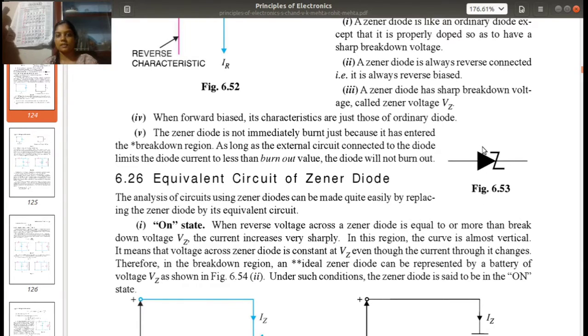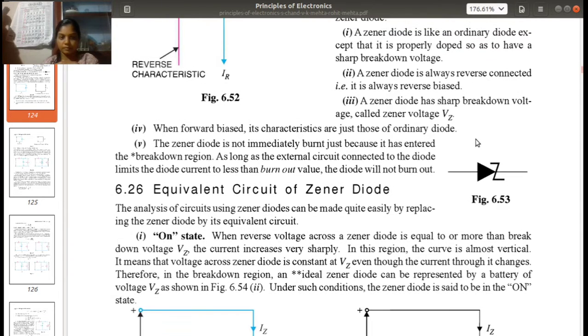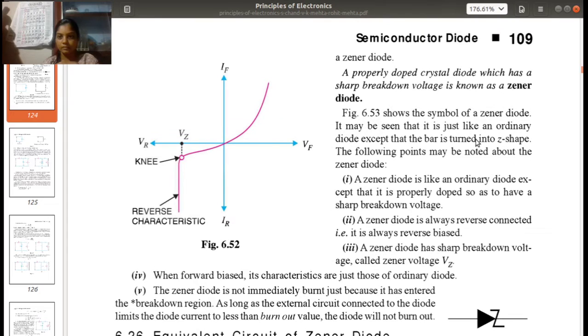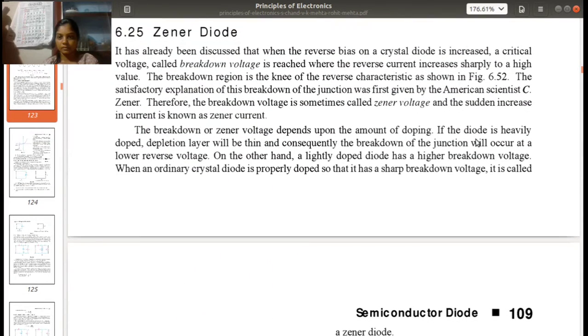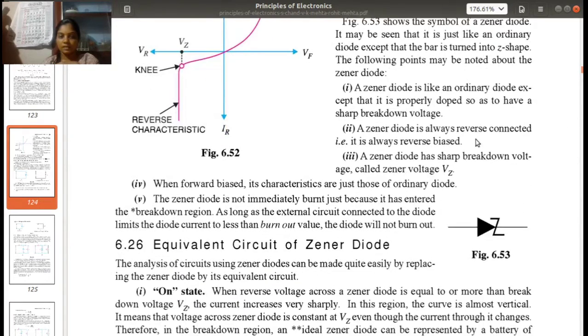Yeah, this is the symbol of a Zener diode, and we can discuss the Zener diode as a voltage regulator.